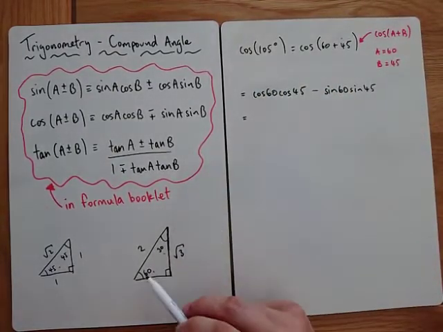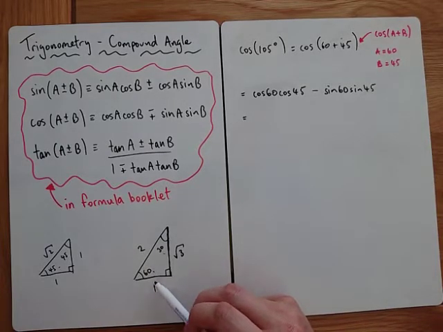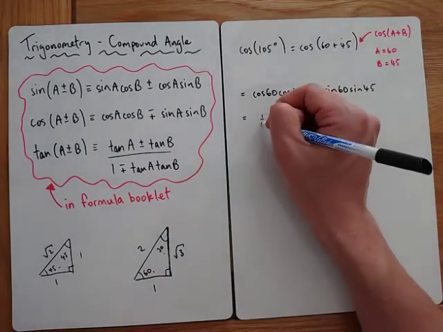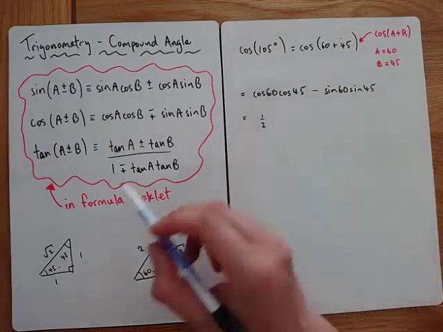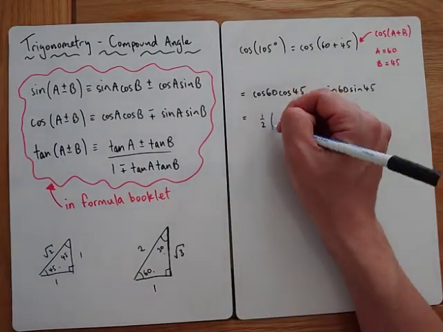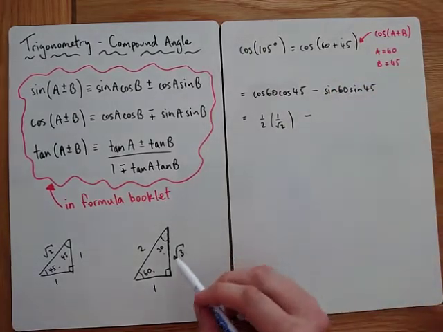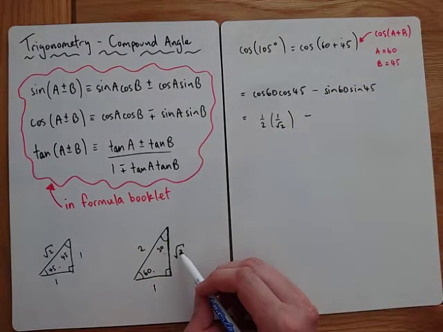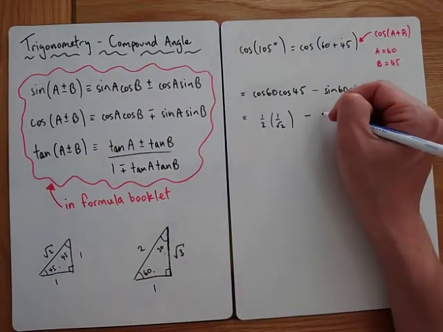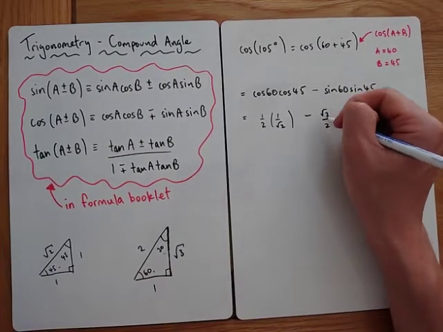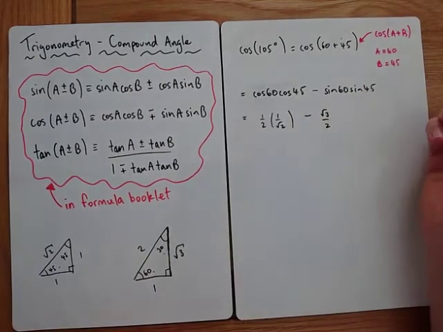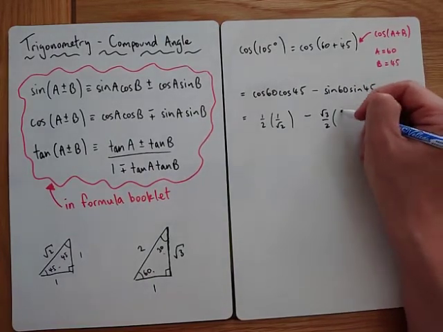Okay, so cos 60, adjacent over hypotenuse, so that'll be a half. Cos of 45, 1 over root 2, minus sine of 60, sine is opposite, so root 3 over 2. Sine of 45, again, is 1 over root 2.